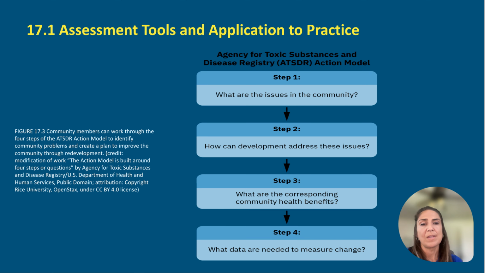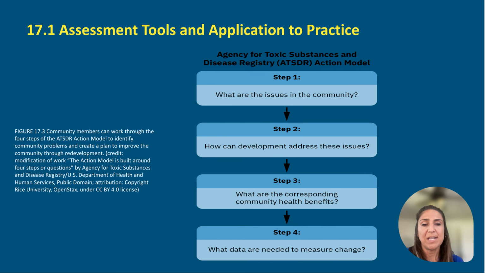So here are the 4 action steps of the Agency for Toxic Substances and Disease Registry. So this is the ATSDR action model. So this model is really built around 4 steps. So the first is being able to identify what the problem is. The second is asking, why did it happen?